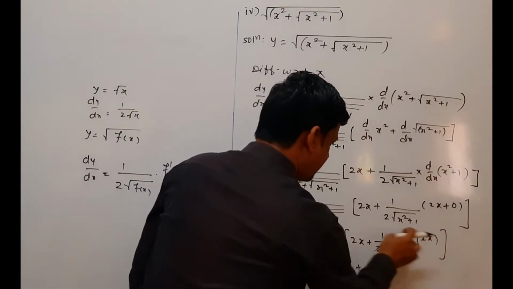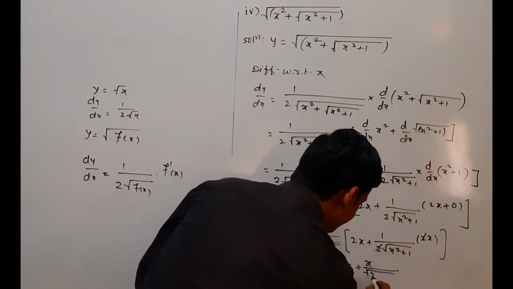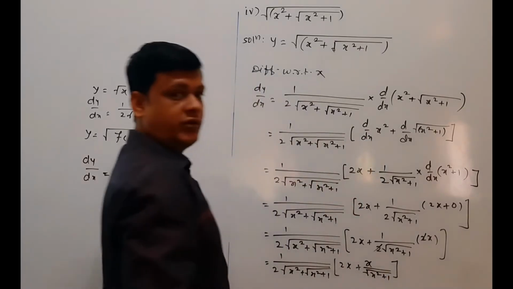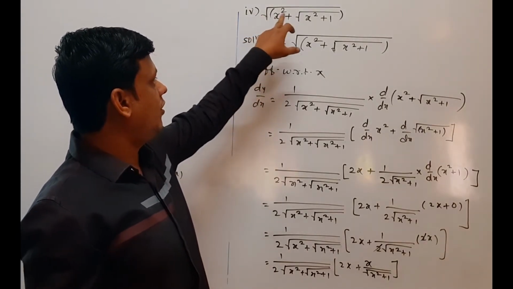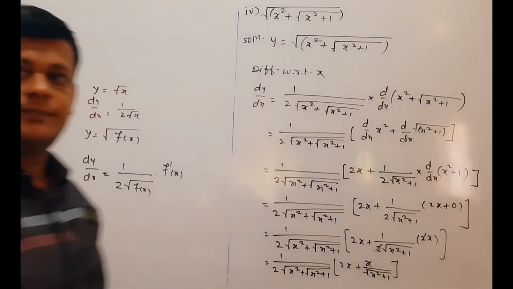So we write here 1 upon 2 root x square plus root x square plus 1 into 2x plus, x into 1 is x, so x upon root x square plus 1. So in this way we calculate the derivative of root of x square plus root of x square plus 1.